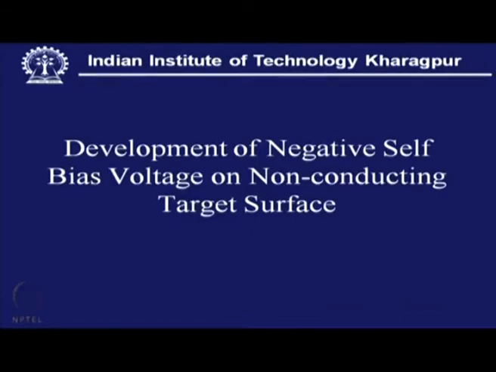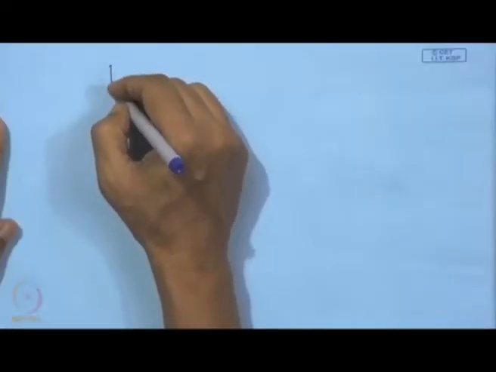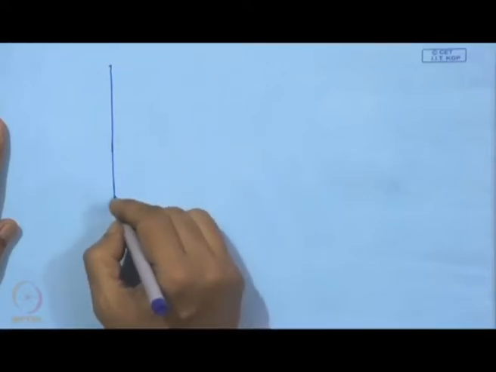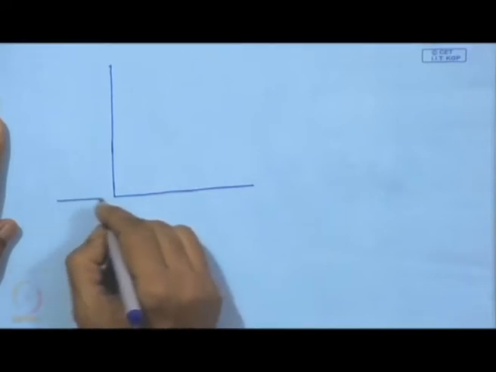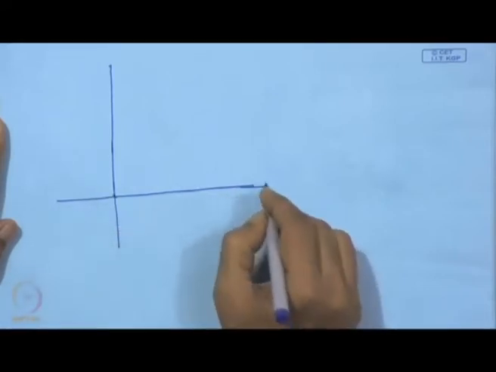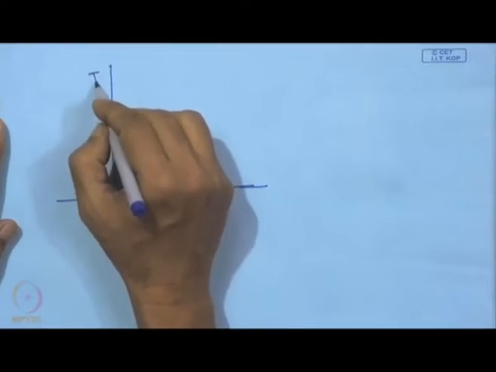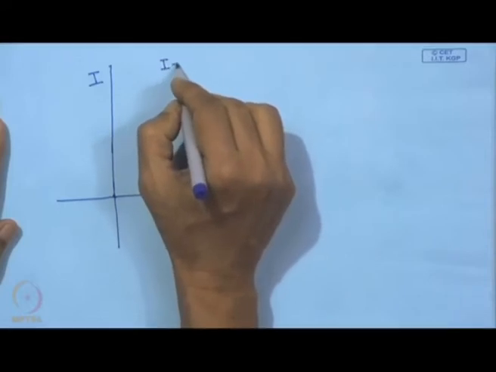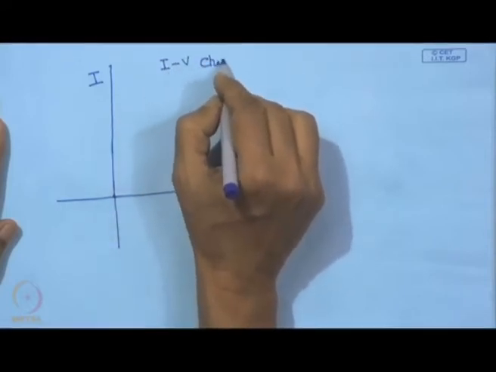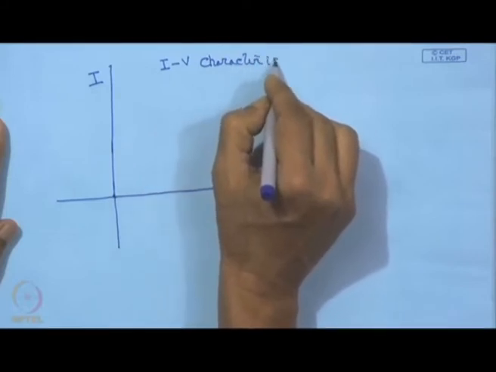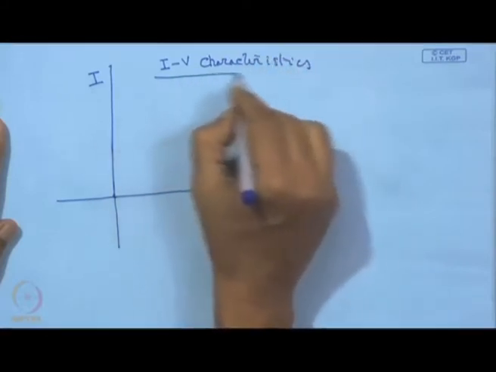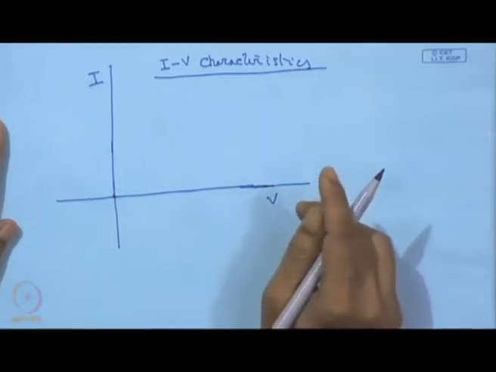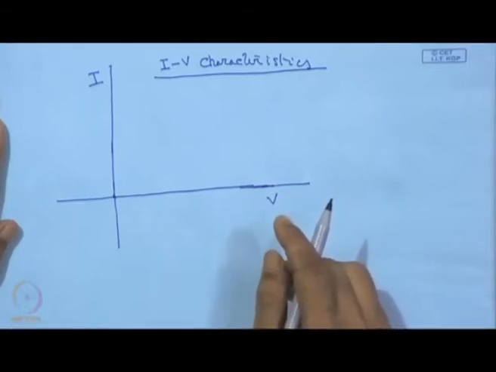If we draw another diagram showing the V-I characteristics, this is I and this is V. So it is also the I-V characteristics of one electrode which is immersed in a plasma volume.